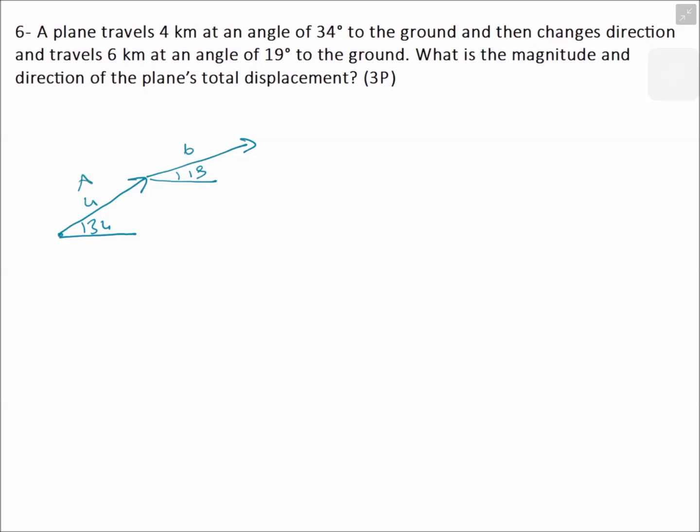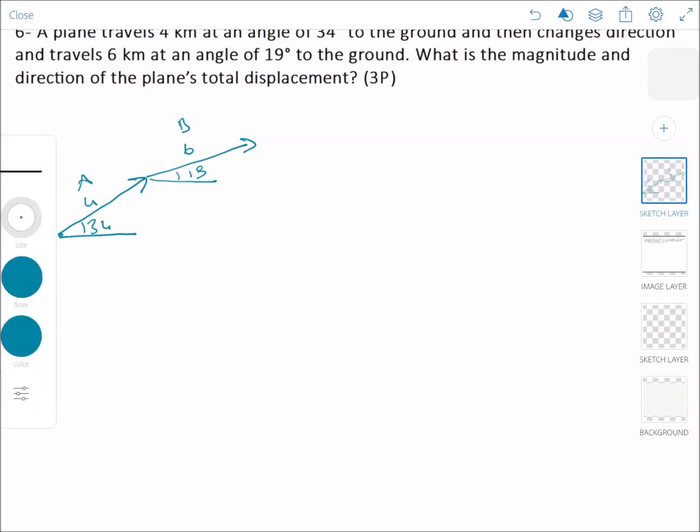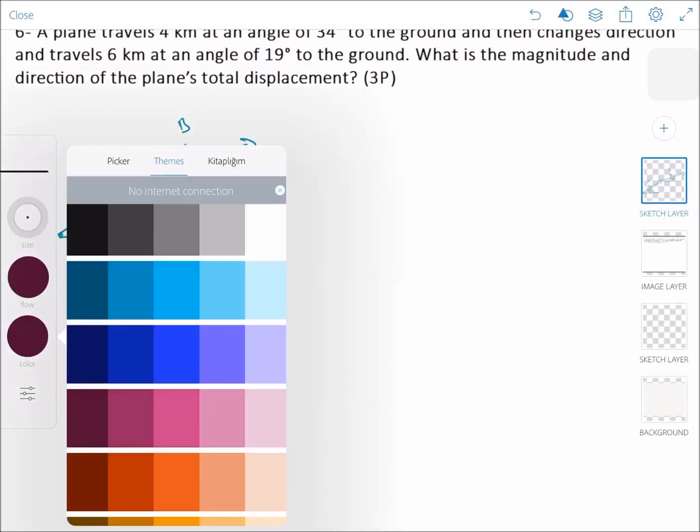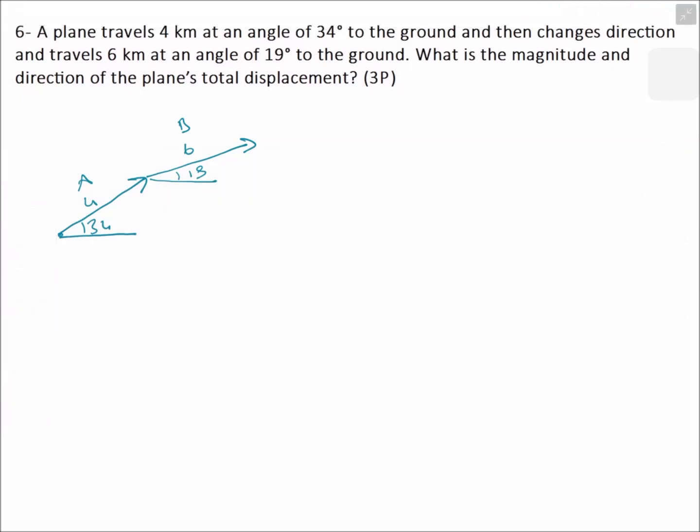Let's say this is vector A, this is vector B. And I will use another color to solve this. We have to separate them into components Ax, Ay, Bx, and By, and all of them act in the positive direction.